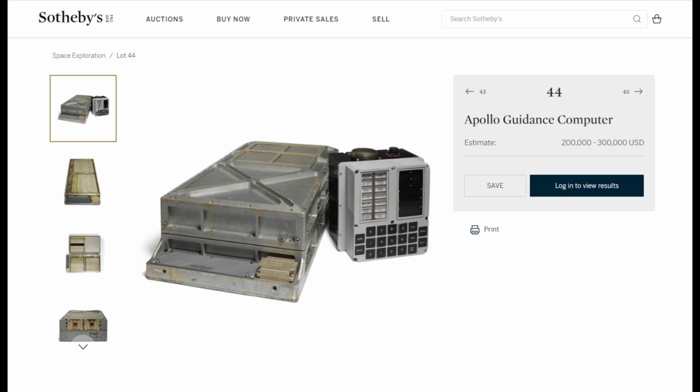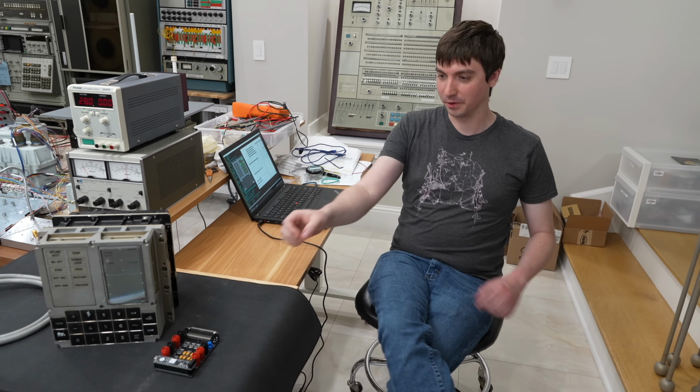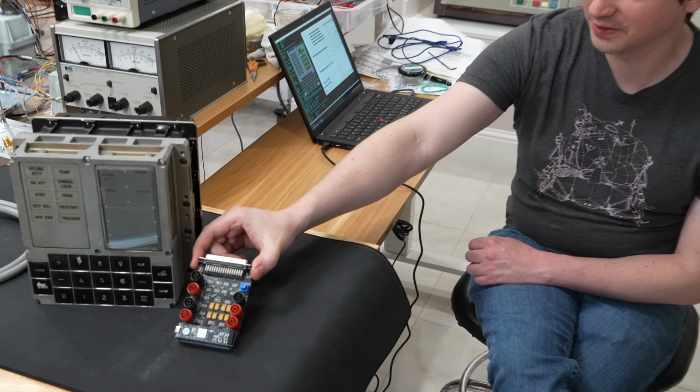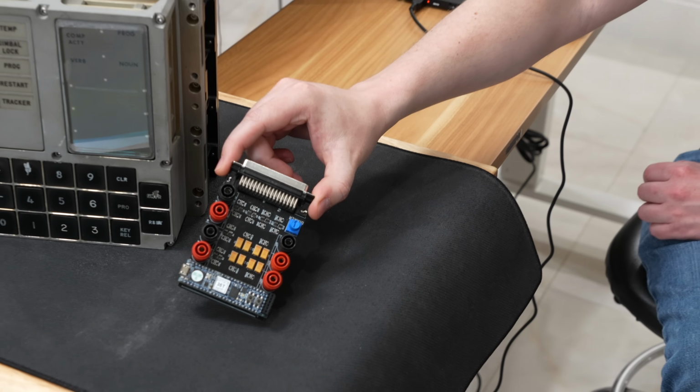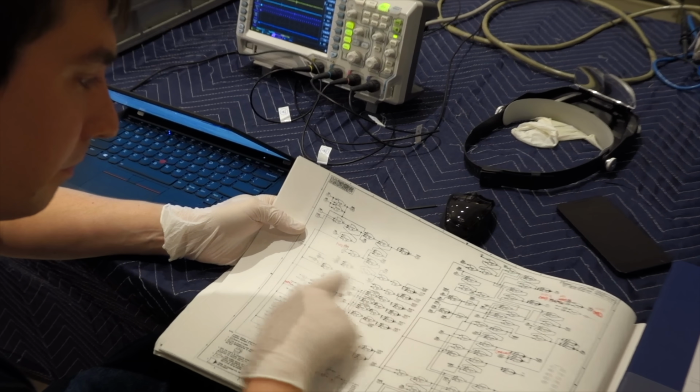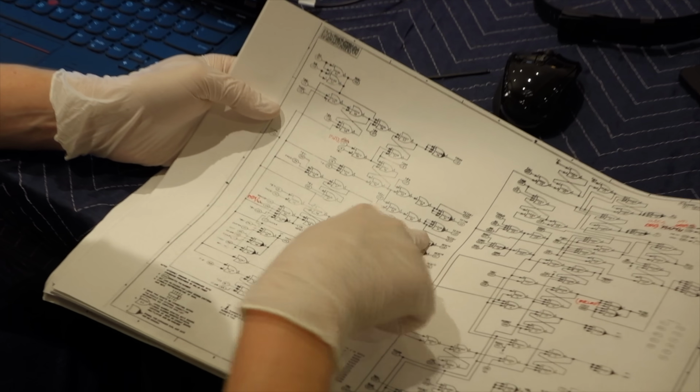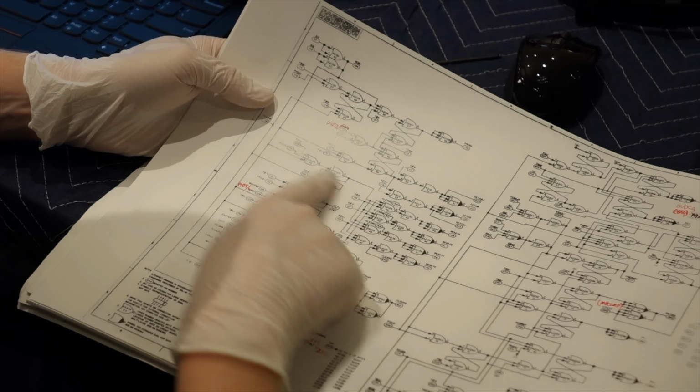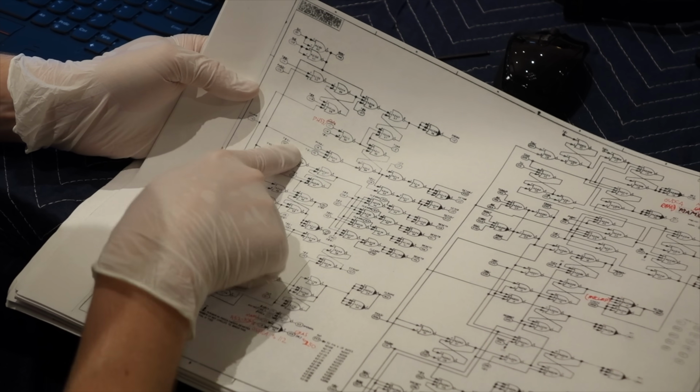Unfortunately, our restored AGC, which really was not ours, was sold at auction in 2021. So we can't use a real AGC in our setup, at least for now. However, Clever Monkey Mike had made a gate-exact reproduction of the AGC in an FPGA. Its hardware logic circuits are the same as in the original, and it runs the original Apollo core rope programs.